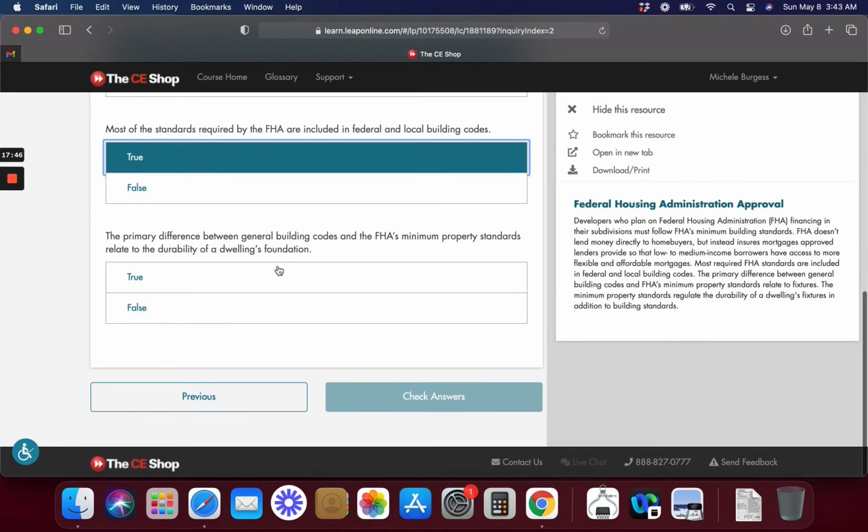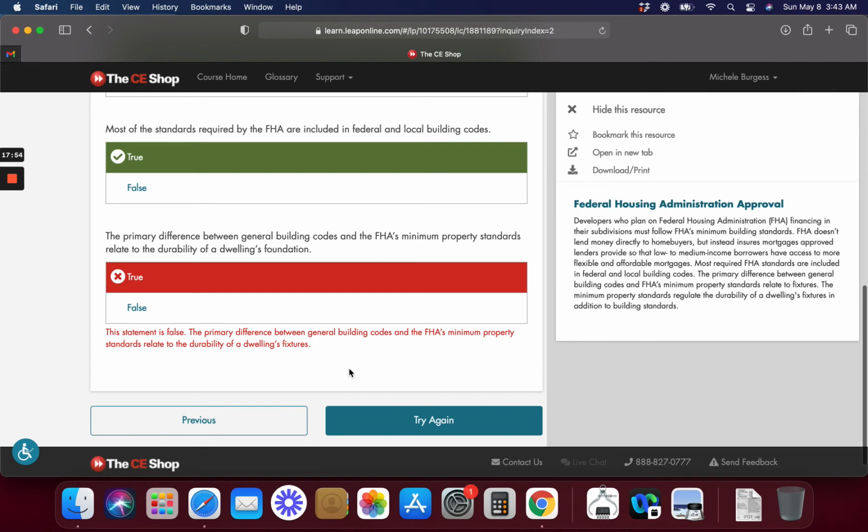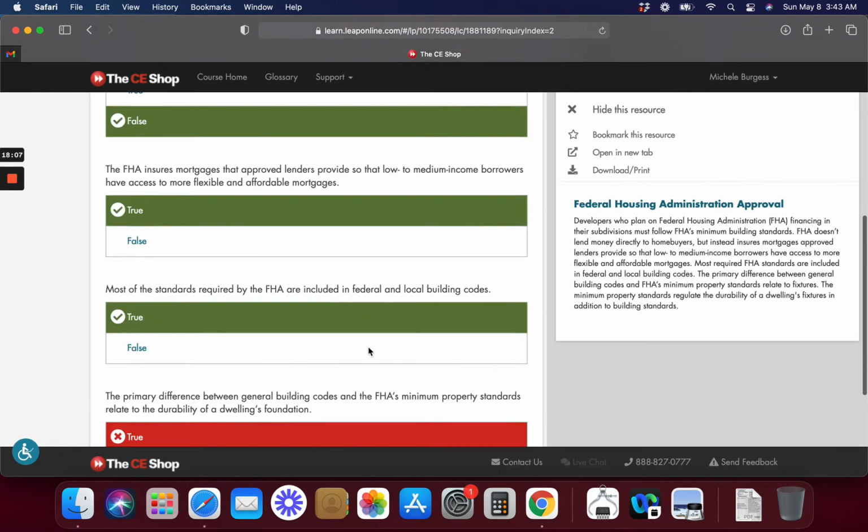The primary difference between general codes and FHA's minimum property standards relate to the durability of the dwelling fixtures. No, that's not true. The primary difference between general building code and FHA minimum property standards relate to fixtures. All right, not the durability of the foundation.